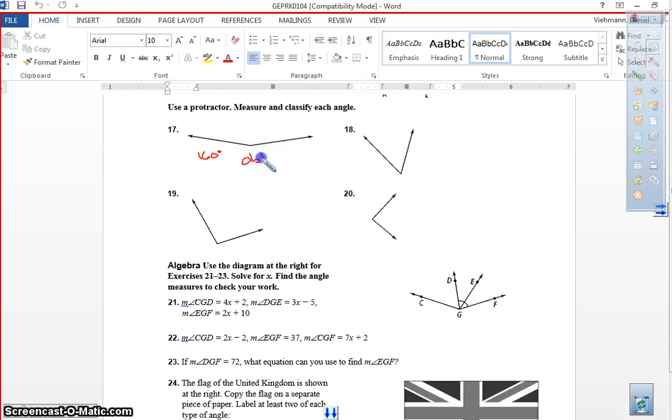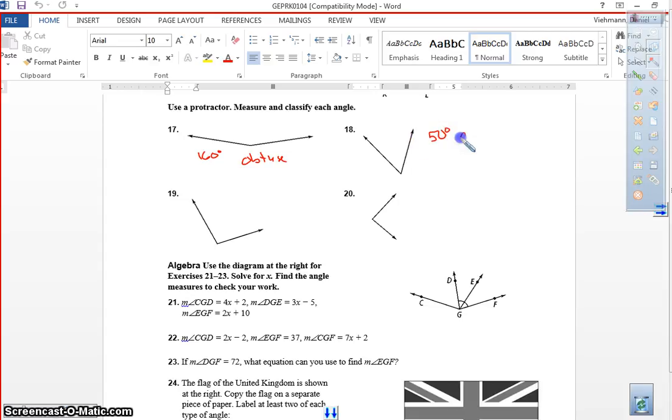Obtuse. Obtuse, excellent. Joseph, what'd you get for 18? Oh, I didn't know we had the measurement. I thought we just had to put what it is. 50 degrees, okay?